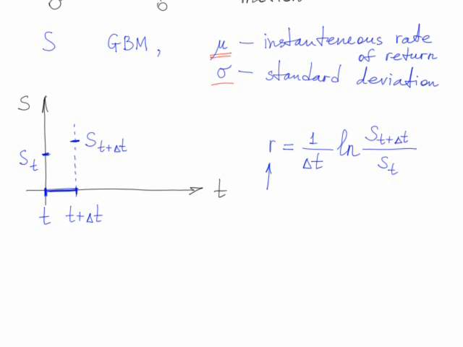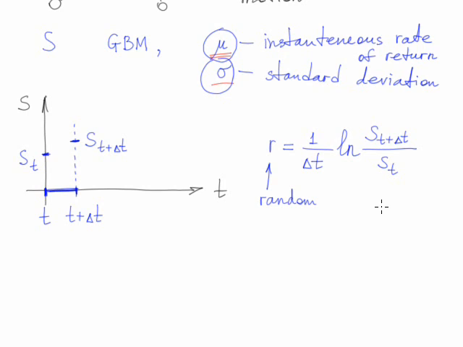Okay, this R is called the instantaneous rate of return, and these quantities are constants, but this quantity is actually a random quantity. Why is it random?